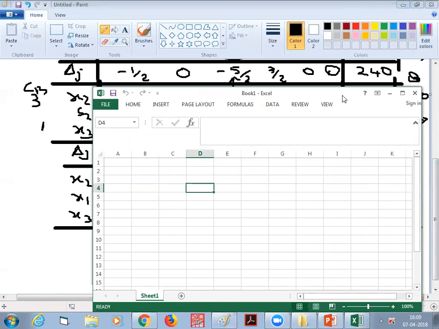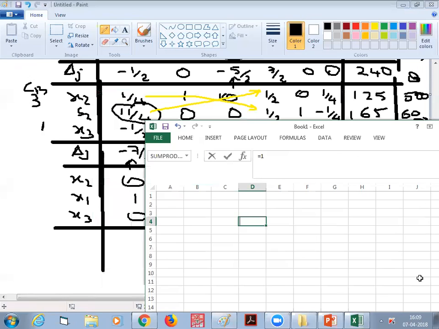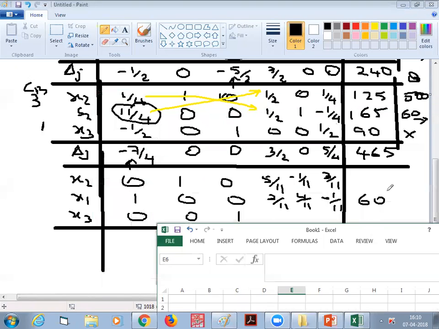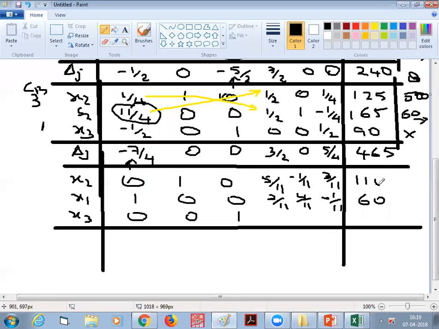I'm multiplying numerators: 11 into 125 minus 1 into 165. So that's 1210 divided by 4. I have to divide that by 11. So 1210 divided by 11 is 110. I'll get 110. Very, very simple.